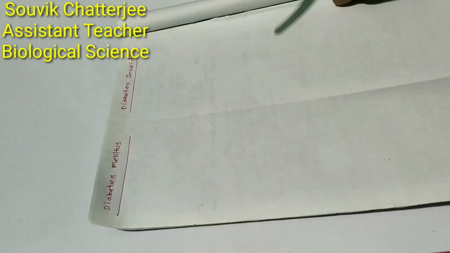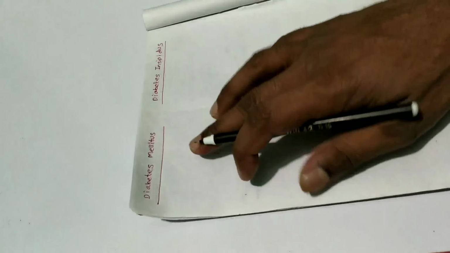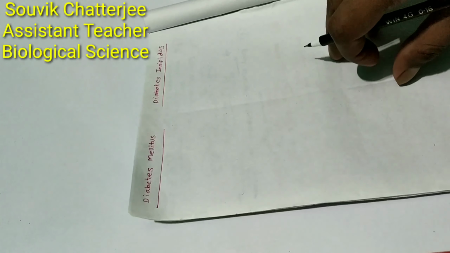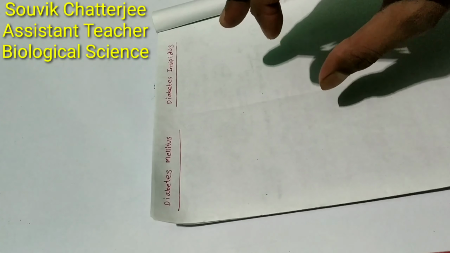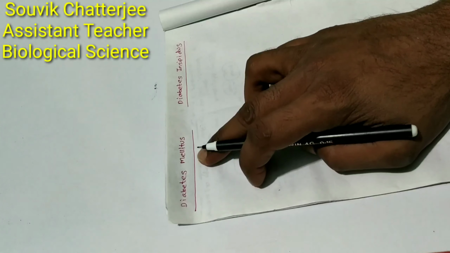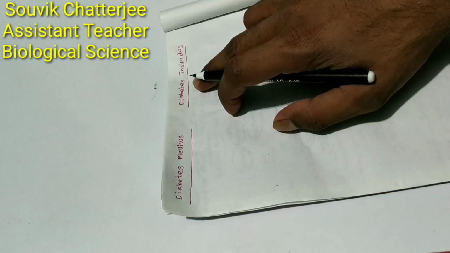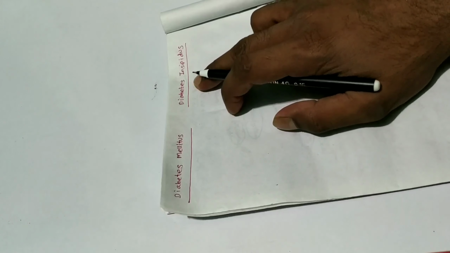Welcome to souvikbiologytutorial. In this video, I am discussing the differences between diabetes mellitus and diabetes insipidus in detail. I am making this video in the English version. Now, what is diabetes mellitus and what is diabetes insipidus?